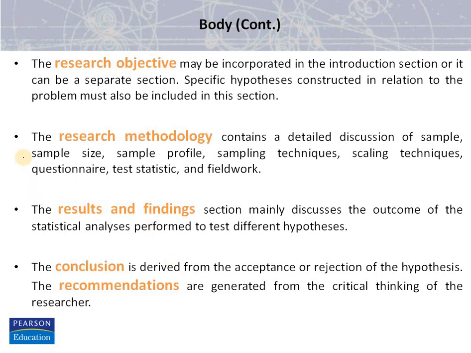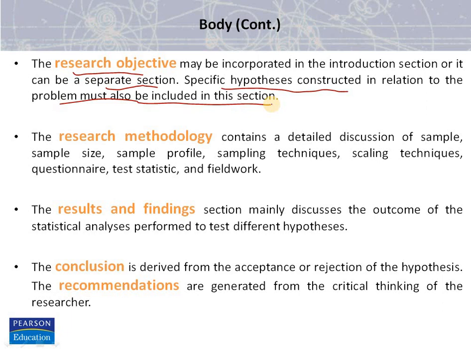Then the second part is research objective, which may be incorporated in the introduction section or can be a separate section. Specific hypotheses constructed in relation to the problem must also be included in this section. This research objective can be reached through literature review. After the introduction, there can be a literature review section, where a thorough and deep study of past research done by other researchers is carried out, and the gaps can be identified.